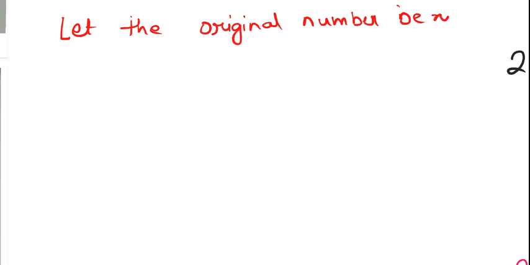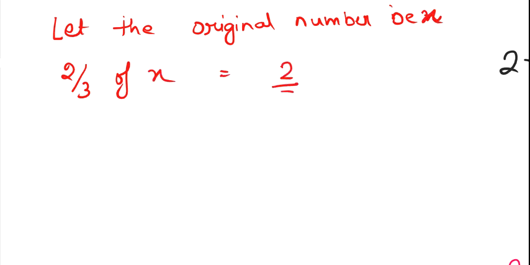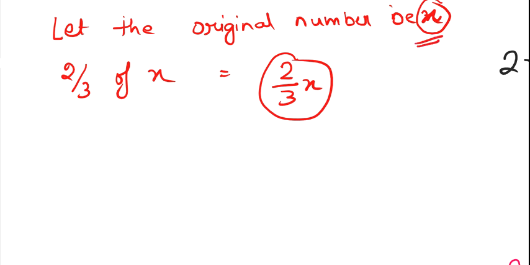Now what it said? 2/3 of the original number. 2/3 of the original number is 2/3x, and this number is 20 less than the original number, meaning if I deduct 20 from the original number, I will get this number.